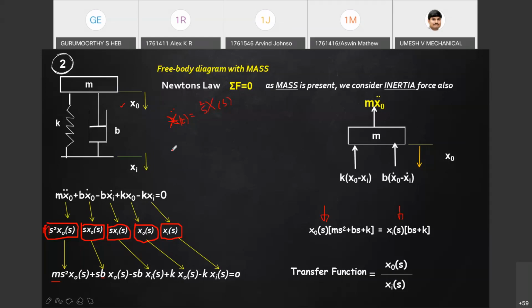Otherwise you can make a note that your output is x naught and input is x i, while getting the transfer function for the given network.